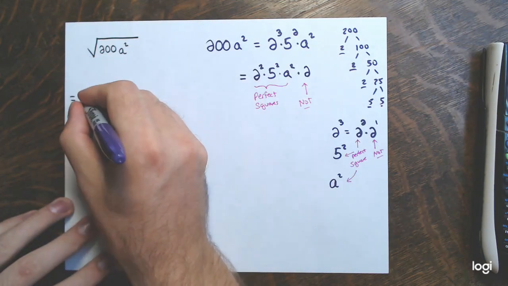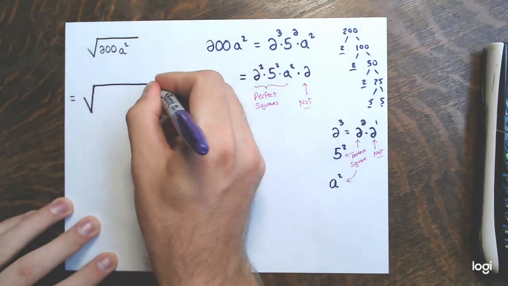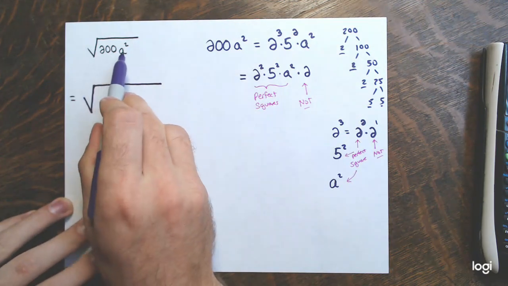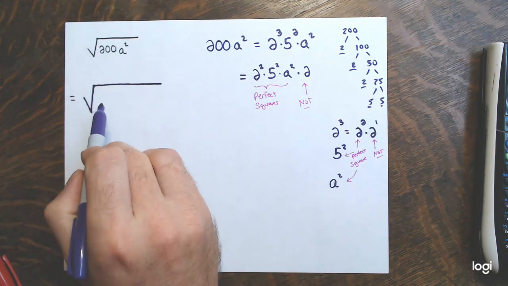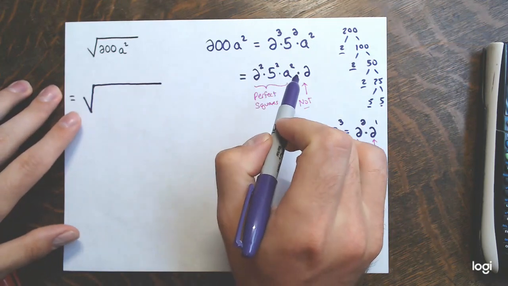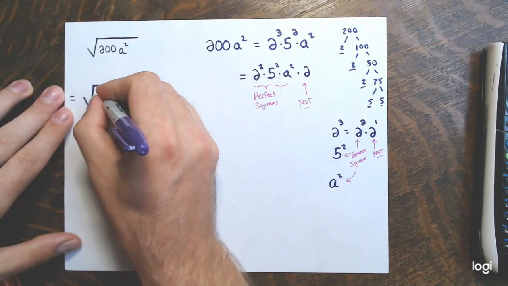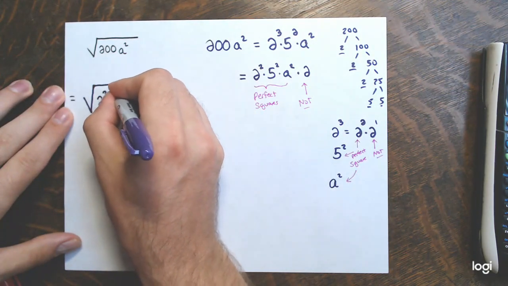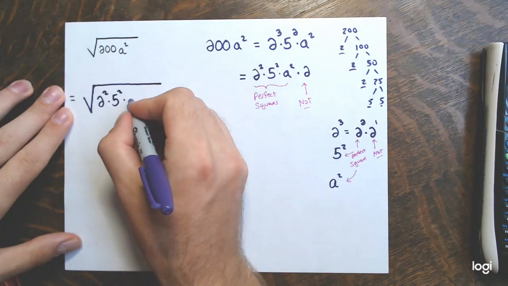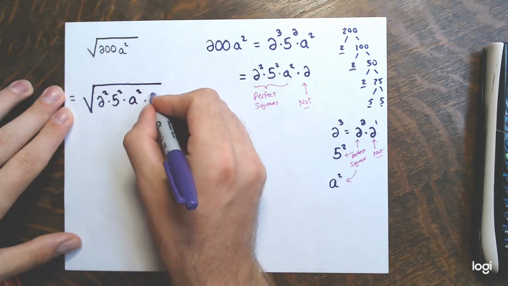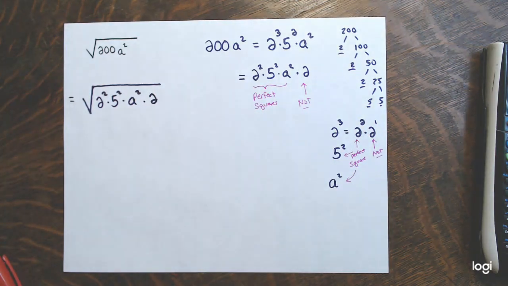All right, so I'm going to rewrite the square root of 200a squared, where I'm breaking this down to the perfect squares times the non-perfect squares. So you've got the 2 squared times the 5 squared times the a squared times the 2. And now I'm going to use that product property.